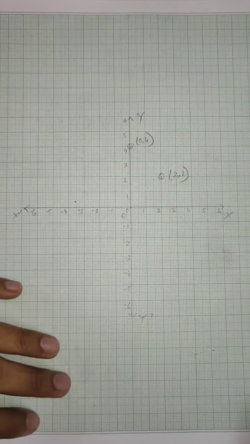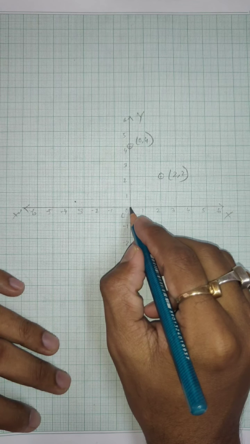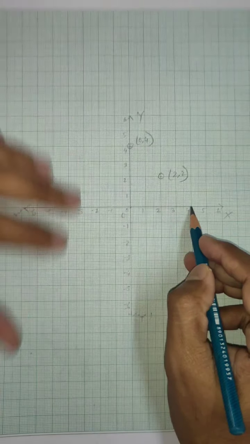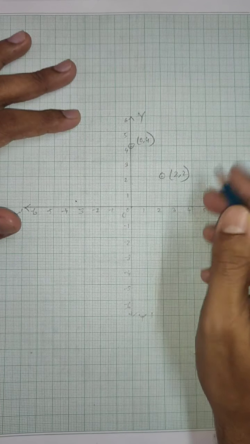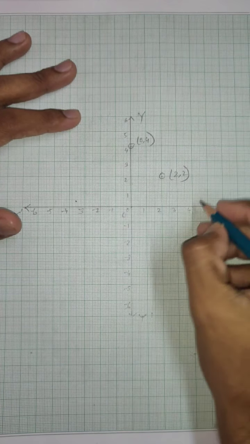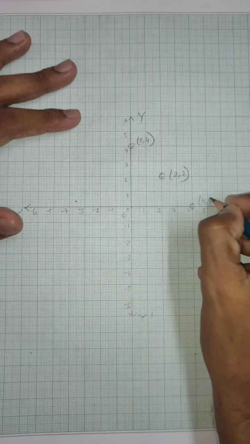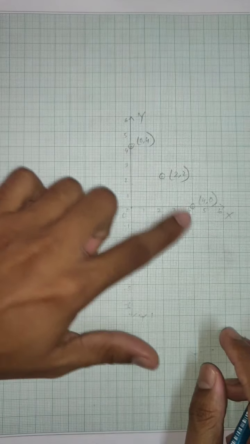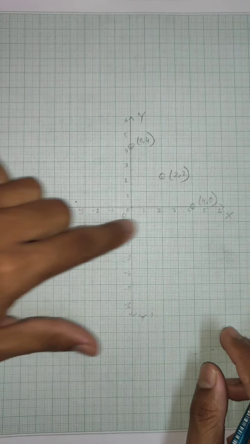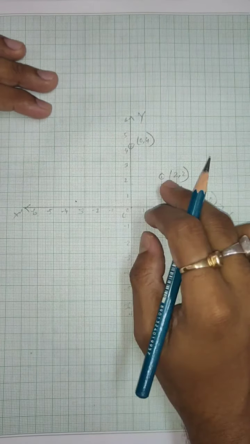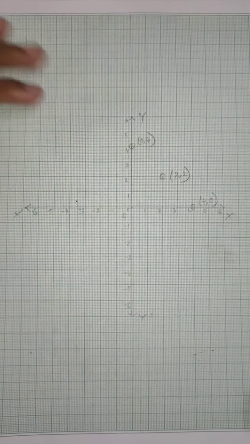Then (4, 0). 4 in the positive direction of x, and 0, so (4, 0). 0 will not go upward or downward, it will be on the axis. See, these 2 points are on the axes: (0, 4) on the y-axis and (4, 0) on the x-axis. Okay, and this (2, 2) is in the first quadrant.